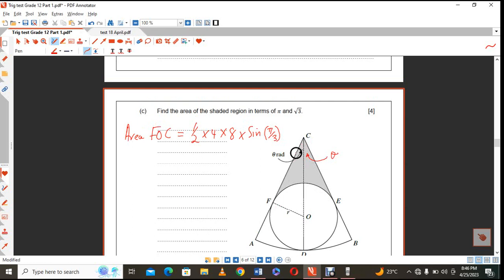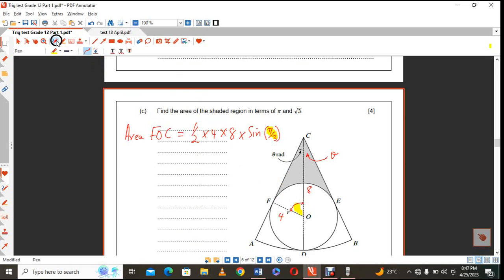I've got two sides, like this is 4 here, and this is 8, okay? And I have an angle in between, which is what I need to make sure. This angle that you're seeing is pi over 3. So just highlight this little angle over here, that's pi upon 3.